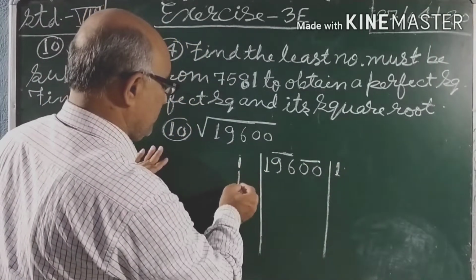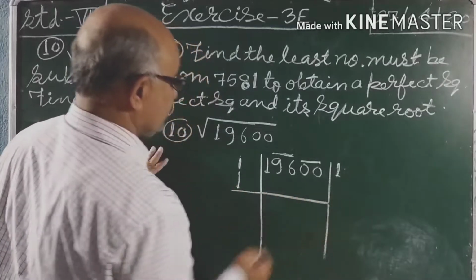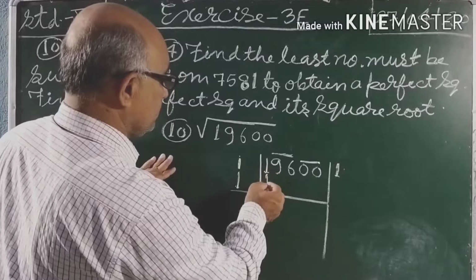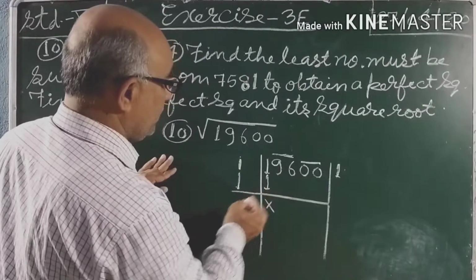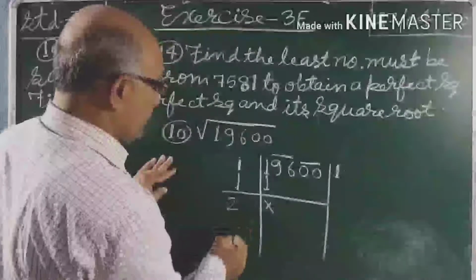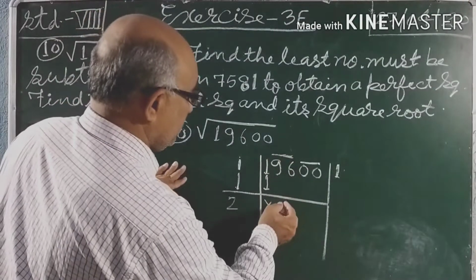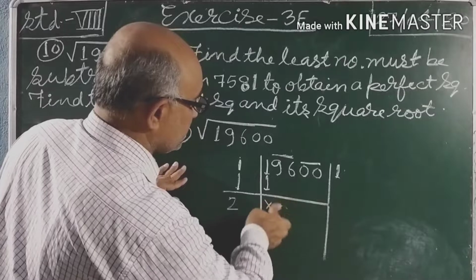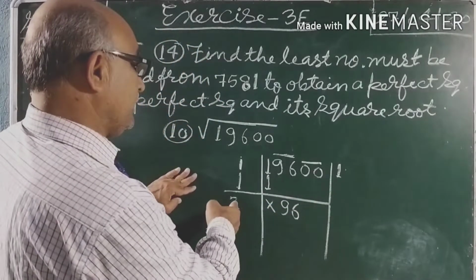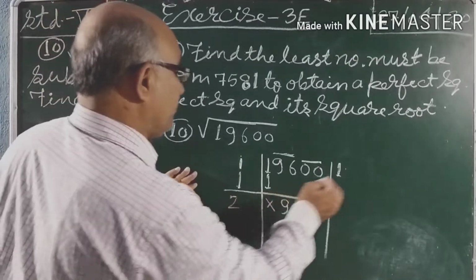Write 1 here, and also below. 1 1 ja 1. 1 1 cancel. Add: 1 plus 1 is 2. Now bring down 96. Here 4 times.